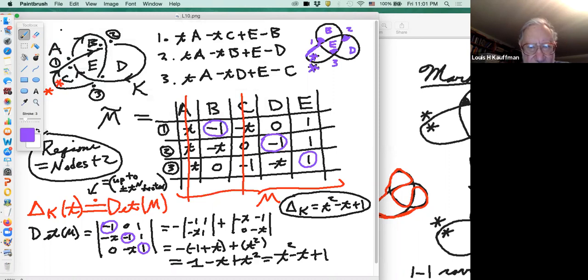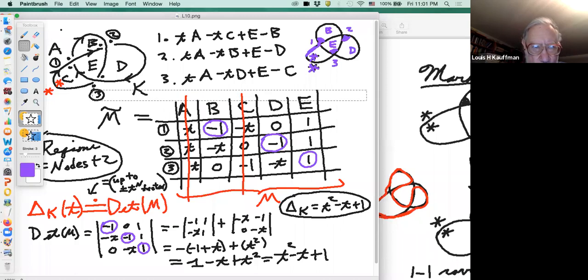We can get rid of the matrix in some sense now and just talk about it. Oops. Maybe I don't want to get rid of everything. Let's be more circumspect about that.